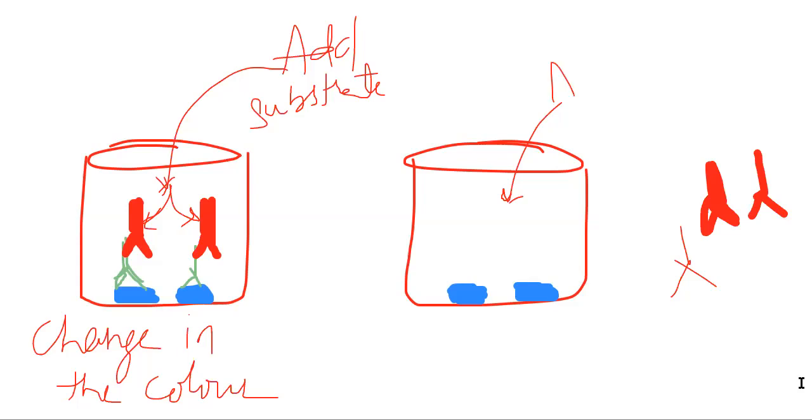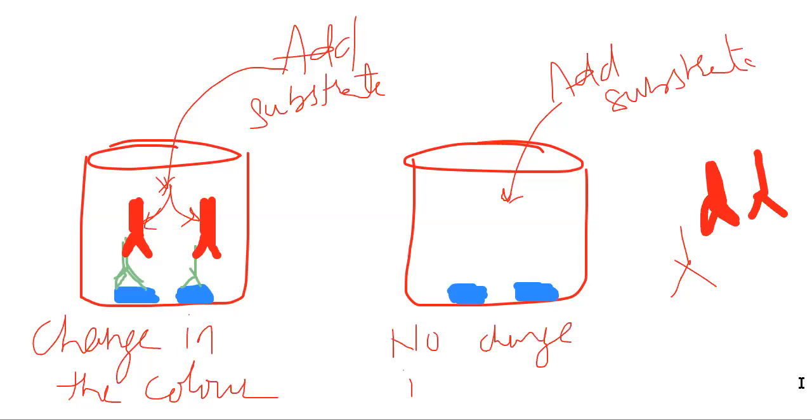Add substrate, then there is no change in the color. If there is no change in the color, we can understand that it is negative.